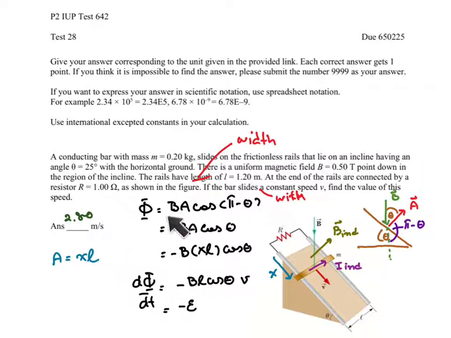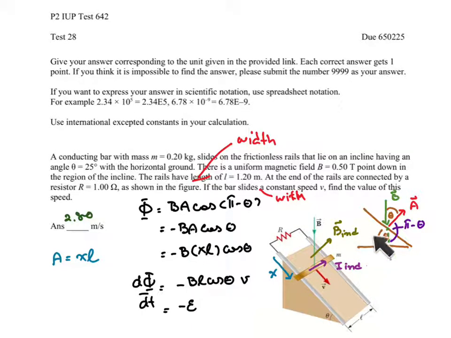And we know that we have a plane surface here, and we have a uniform magnetic field. So the flux is equal to the product of the projection of the magnetic field on this surface or on this plane.